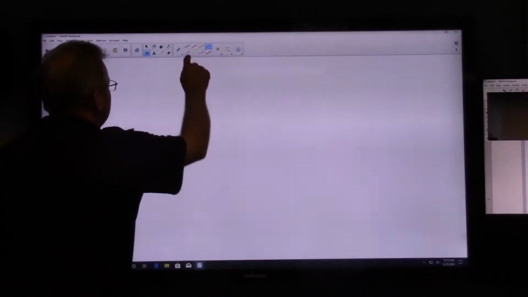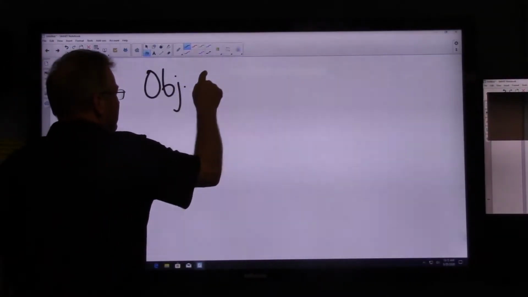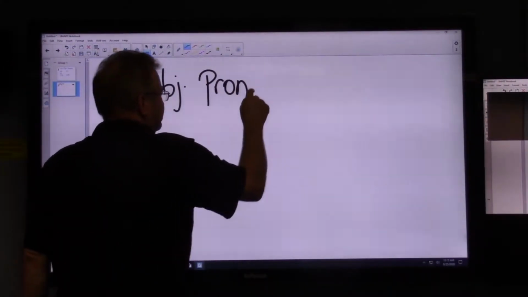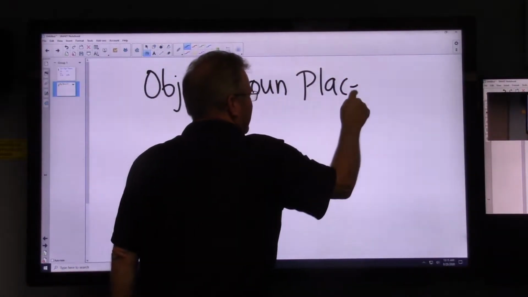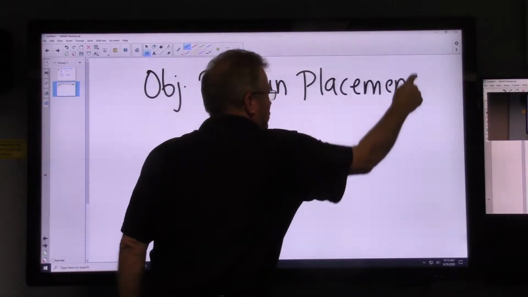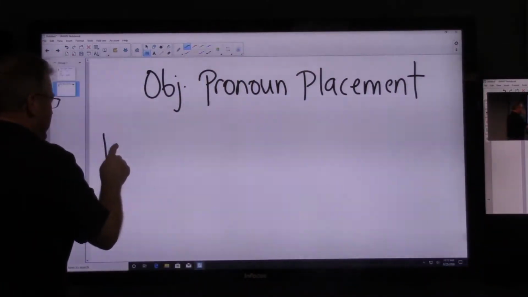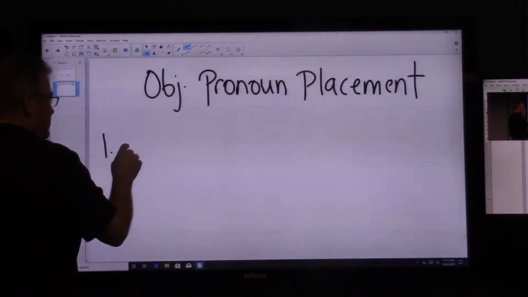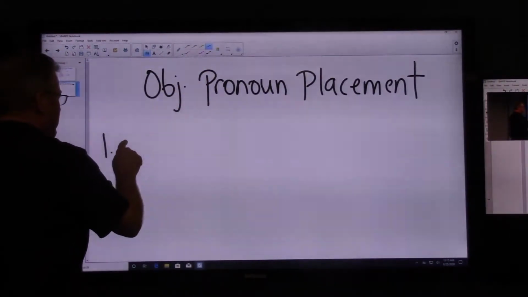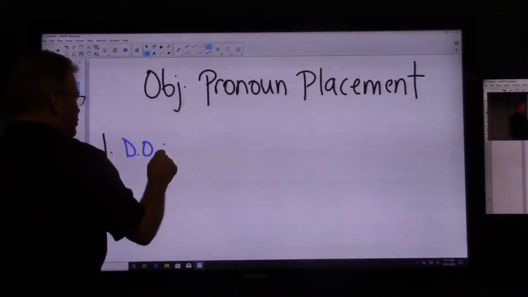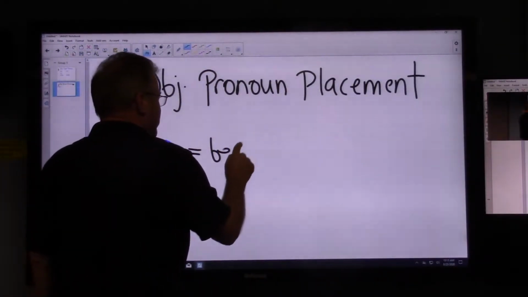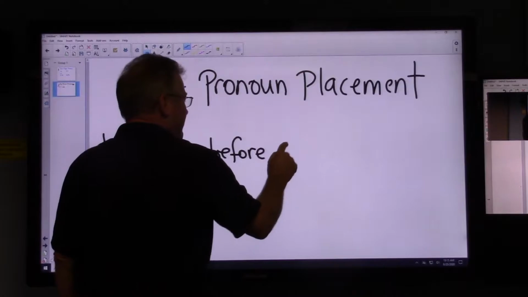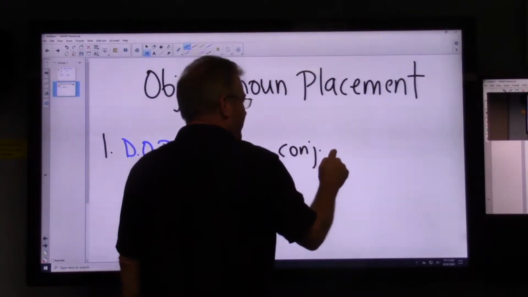If you remember, there were specific rules about object pronoun placement. Okay? And the first rule, if you remember, rule number 1, is the direct object pronoun must go before the conjugated verb.